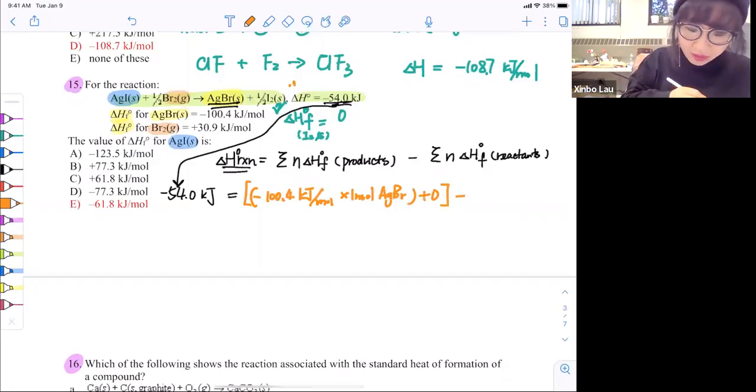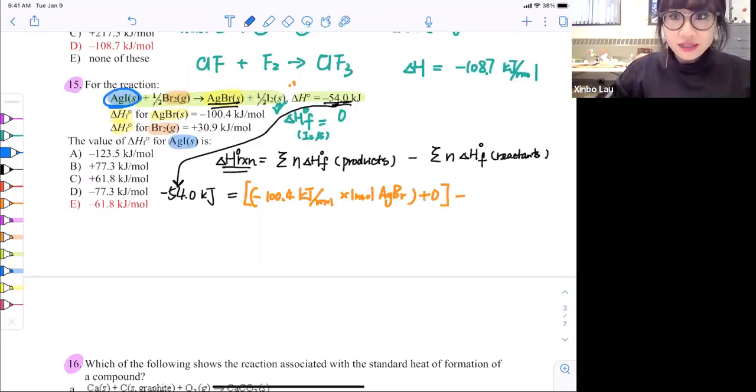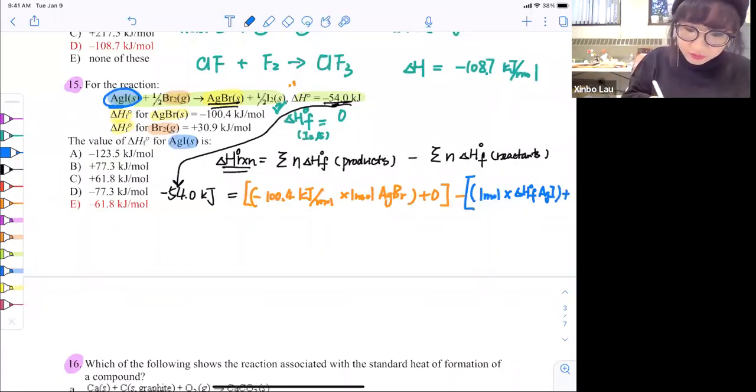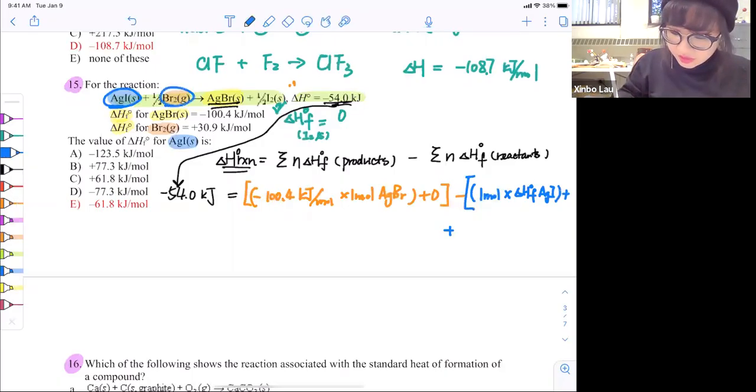Then my reactants: what do I have? Silver iodide, which is what I'm looking for, so I don't know what that is. It's 1 mole times the enthalpy of formation of AgI. And I have the bromine, which is given, positive 30.9 kilojoule per mole.